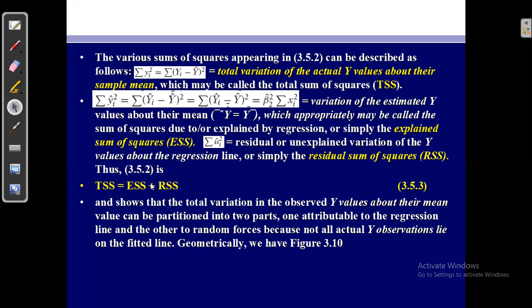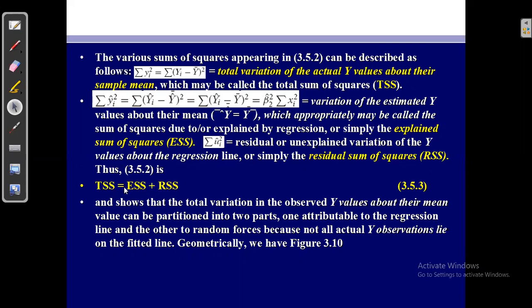If income increases or decreases, it would have some impact on the consumption behavior. But we know that income is not the only factor which brings variations in consumption behavior. There are so many others. So this residual in a sense represents the remaining factors other than income.